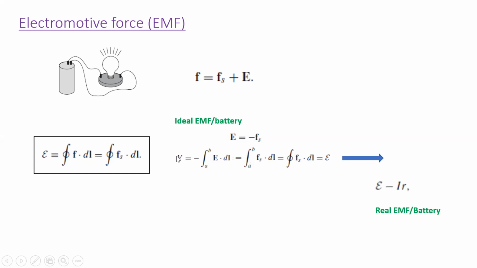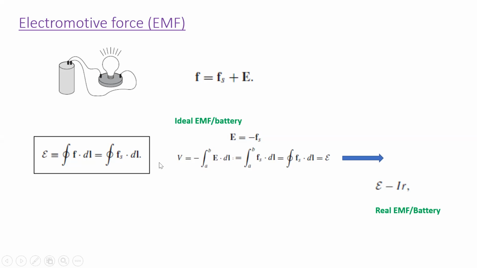And so the voltage difference between the terminals, V, becomes the EMF minus something, and it turns out to be proportional to the current that's passing through the battery. And so it's usually written as the EMF minus the current through the battery times what's called an internal resistance.